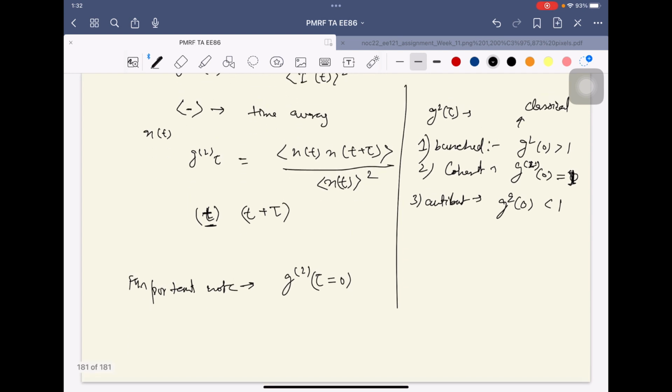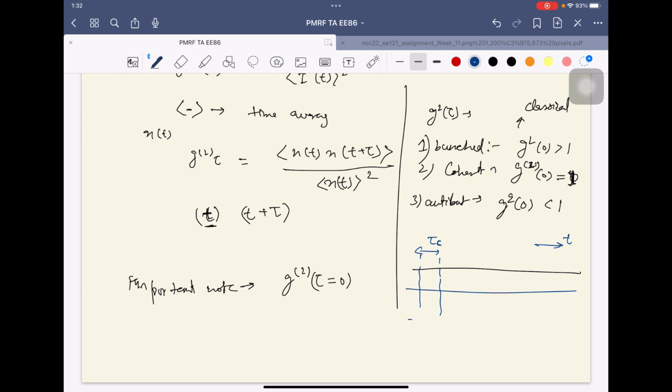For example, this is the time axis, and this is the tau c, that is temporal coherent light. Then let's see three types of phenomena.